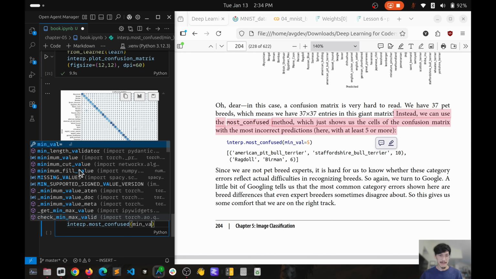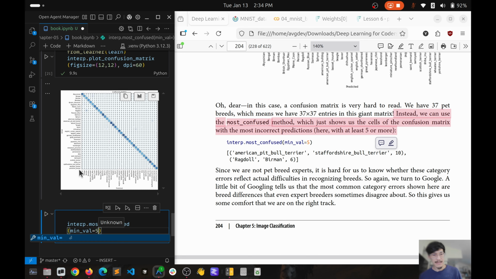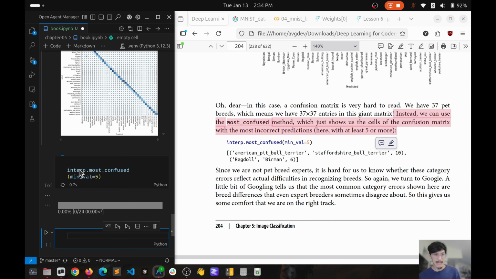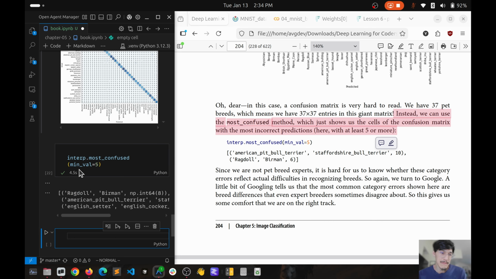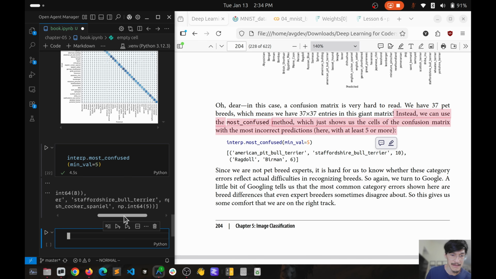So I'm taking the min value of the occurrences, I think. Finding all that stuff, it's probably just inferencing. Okay, yeah, Ragdoll, Birman. You had 8 of them, I guess. American Pit Bull Terrier, Staffordshire. Okay, cool.